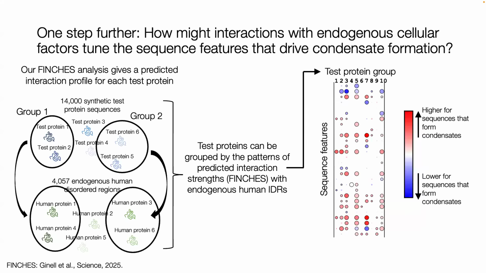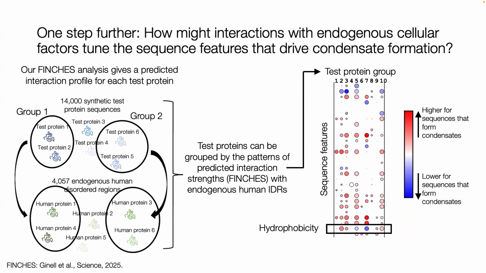And again, this is a gigantic, complicated dot plot. So the red dots indicate sequence features that are higher for sequences that form condensates, blue lower for sequences that form condensates. Each row here is a different sequence feature. I just want to highlight a couple of things that can happen here.